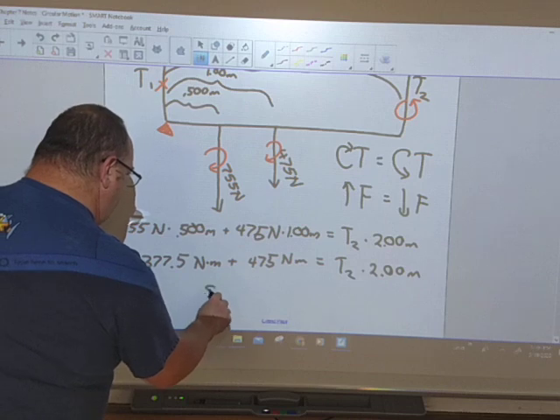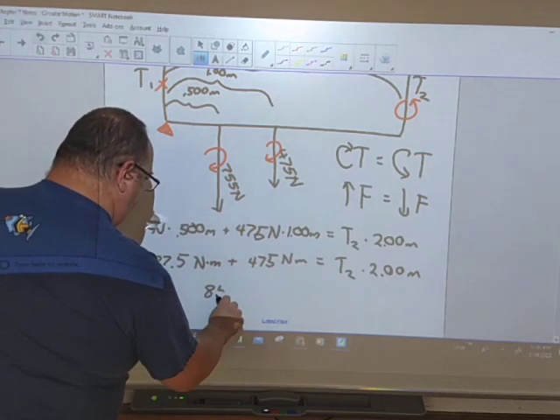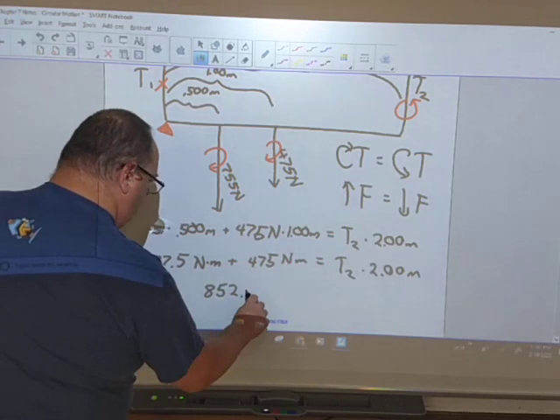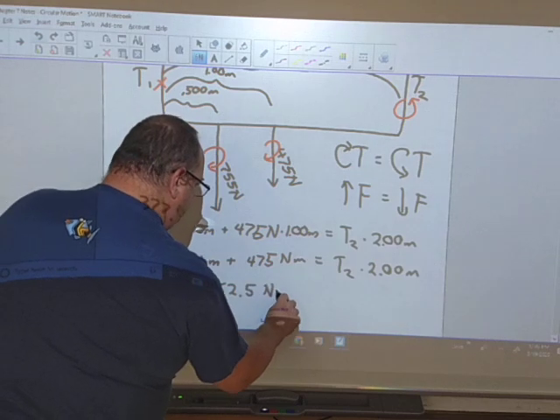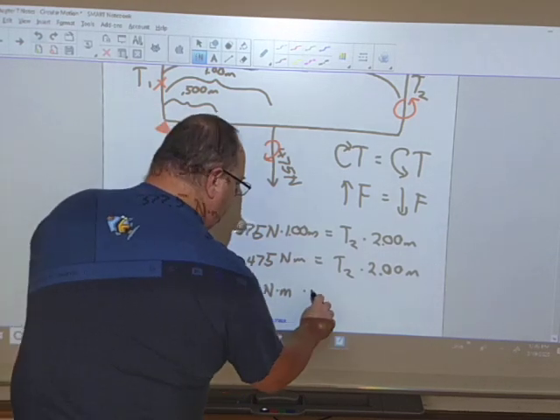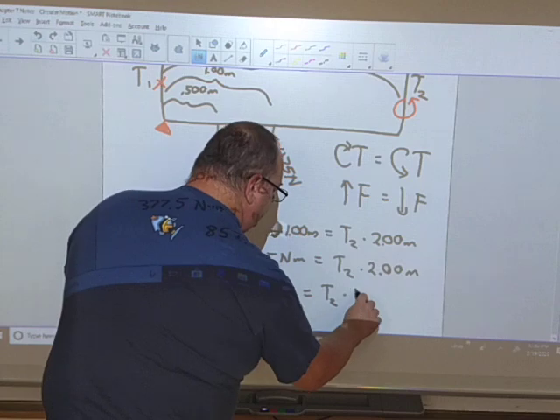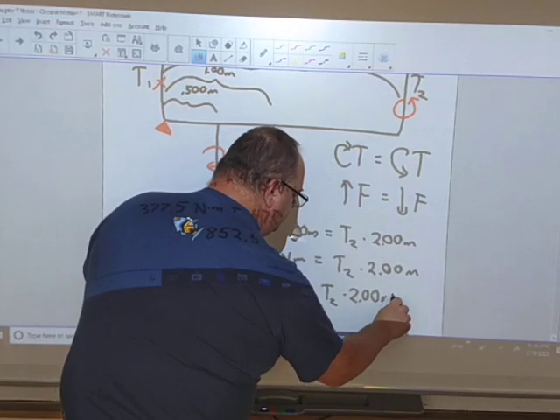This says 852.5 Newton meters equals T2 times 2.00 meters.